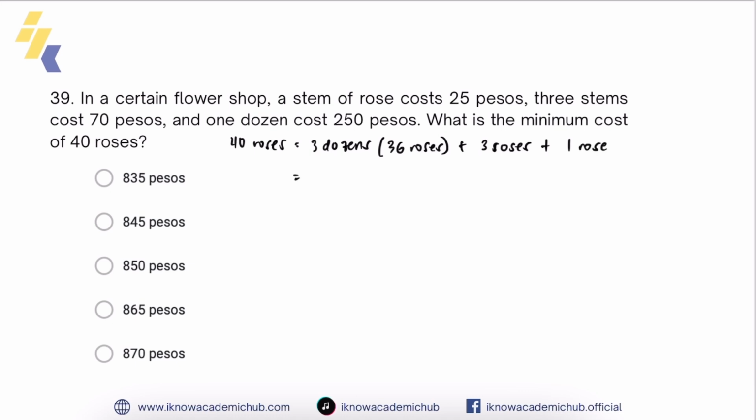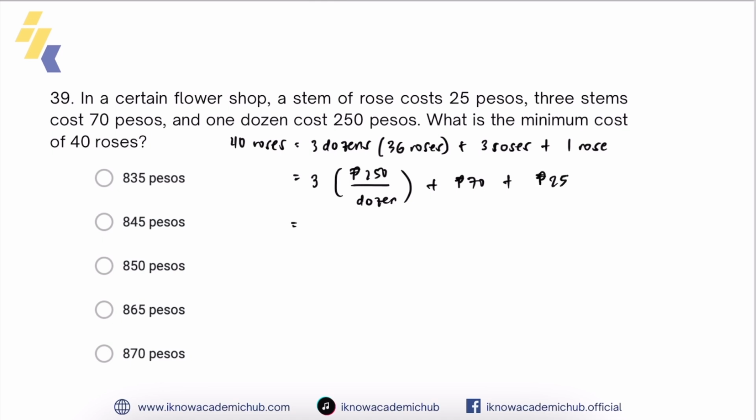So we have here 3 times 250 for 1 dozen, because 1 dozen costs 250 pesos, plus a 3-stem rose costs 70 pesos, plus 1 stem of rose costs 25 pesos.